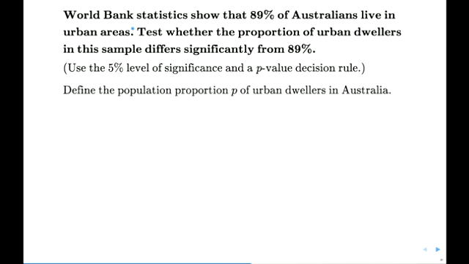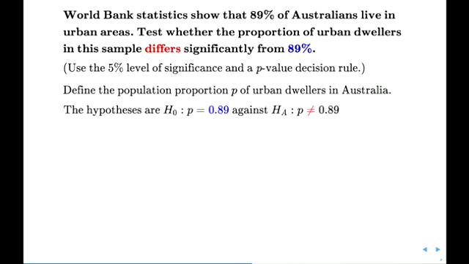All right, so let's define our notation. Step number one, define the notation that we're interested in testing. Let's call the population proportion P, the proportion of people in Australia who live in urban areas. The hypotheses that we want to set up here: the null value is specified as being this population value of 89% from the census, from the World Bank statistics.